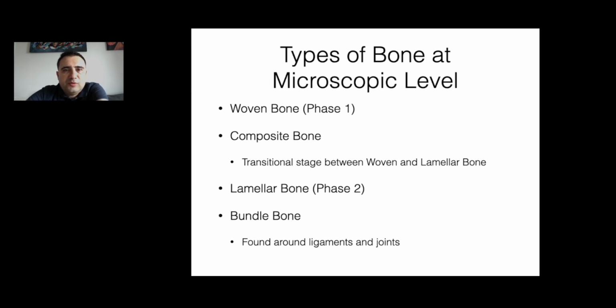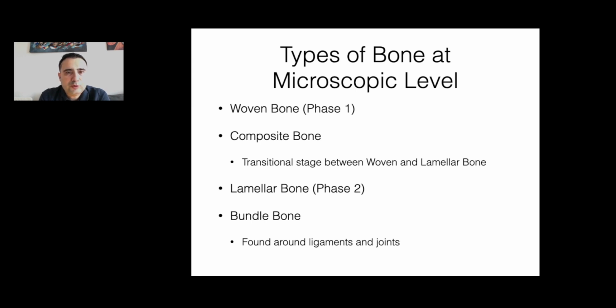We have different types of bones at the microscopic level, which are woven bone, composite bone, lamellar bone, and bundle bone. The woven bone, which you can also call osteoid tissue, is the pre-bony tissue, which will go through maturation and become lamellar bone in the later phase.